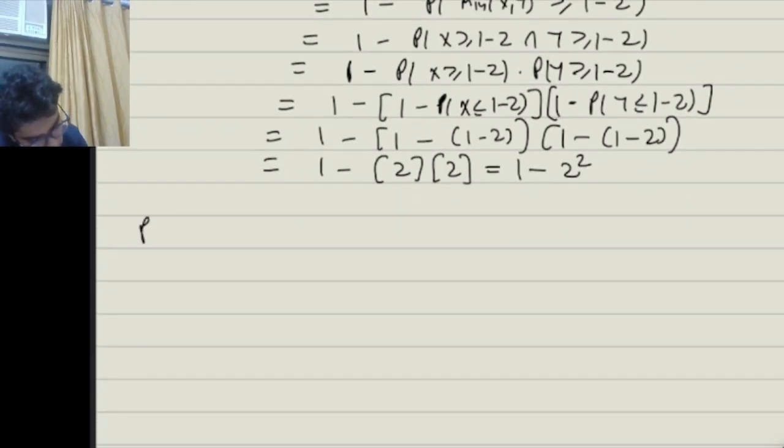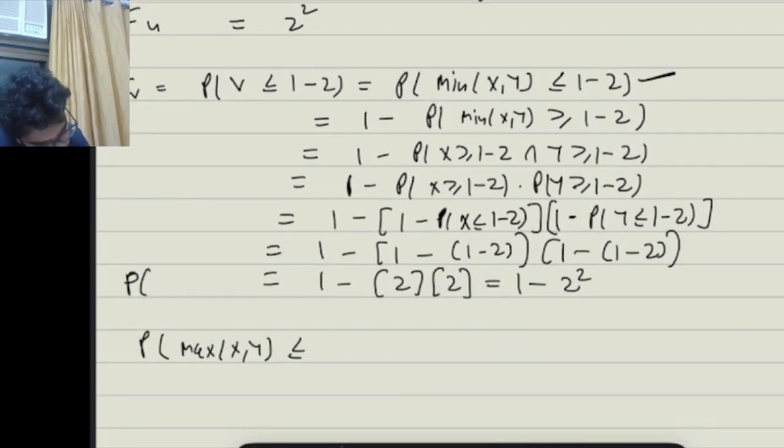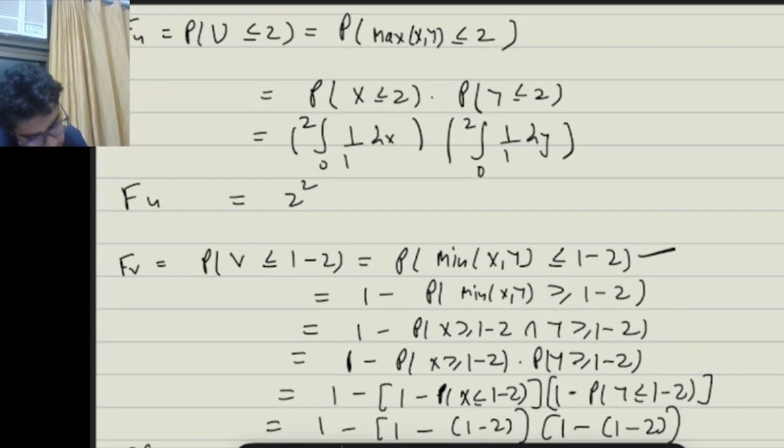Now we know that the probability of max of x comma y less than or equal to z, which is z square. So now this was probability of min of x comma y less than or equal to 1 minus z, right? Now I need to equate both of these terms, right?